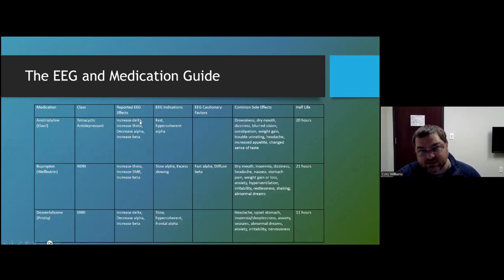Some people get increased delta, some people get increased theta, some people get both, some people get none. It's going to vary person to person. It varies on a whole host of factors: their genetic makeup, their diet, their exercise routines, what their underlying brain chemistry already looks like. So many factors go into which of these things we may or may not see.